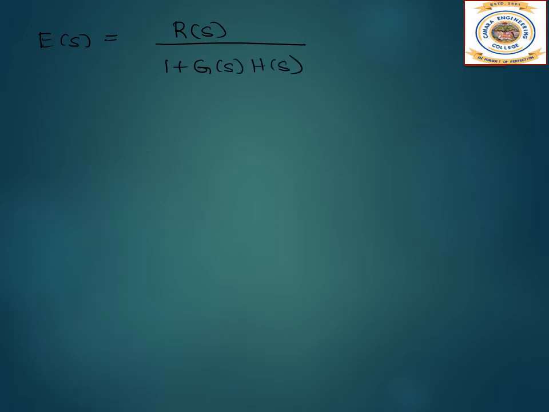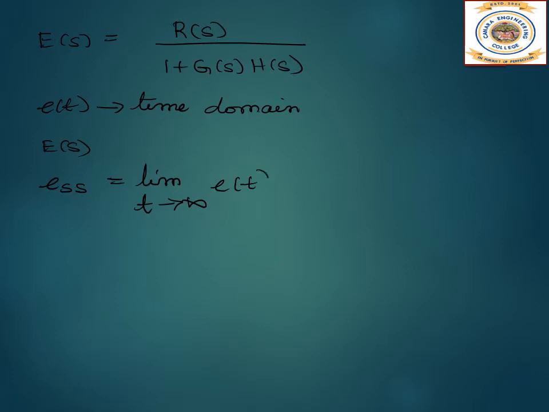Now what is steady state error by definition? It is the deviation of the control output from the reference input. If E of t is the error in time domain, then E of s is the Laplace transform of this. Then the steady state error ESS can be expressed as limit t tends to infinity E of t.